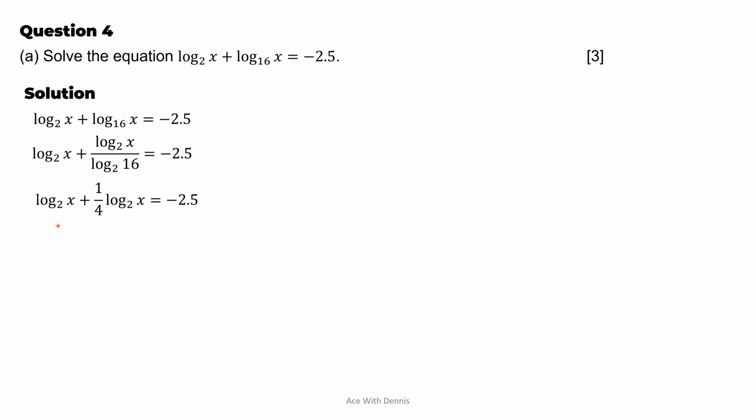Hence, log 2x plus 1 over 4 log 2x equals negative 2.5. Now they have similar terms, so we get 5 over 4 log 2x equals negative 2.5, which means log 2x equals negative 2. Then we apply the anti-log law, we get x equals 2 to the power of negative 2, and the answer for x is 1 over 4.